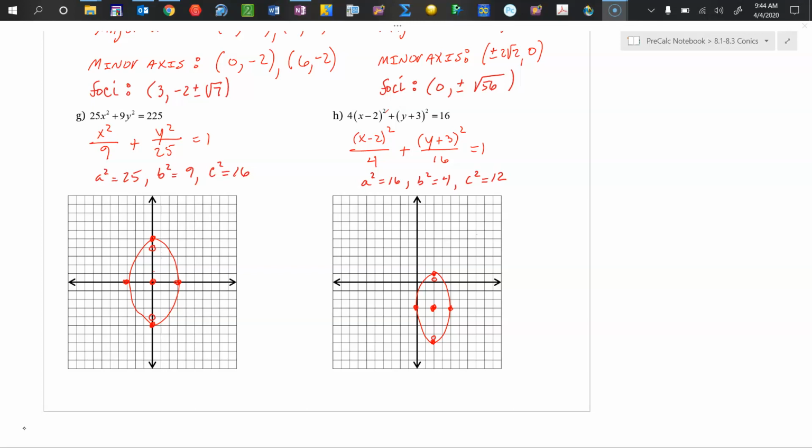From the center at 2, negative 3, we move up 4 units to get to the endpoints of the major axis, and down 4 units. We move left and right from that center 2 units to get to the endpoints of the minor axis. And again, from the center, we move up and down the square root of 12 units to get to the focal points.